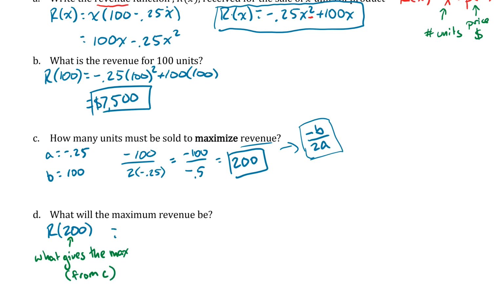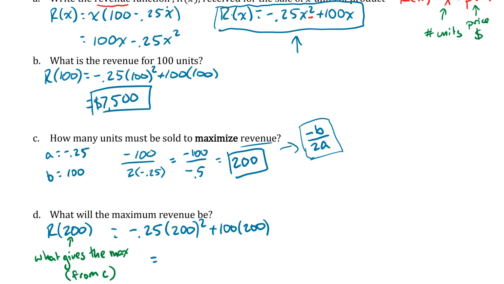All right, so if we just plug in 200 back into this original revenue function that we found in part A, it's going to be negative 0.25 times 200 squared plus 100 times 200.